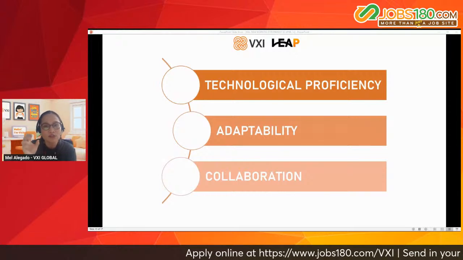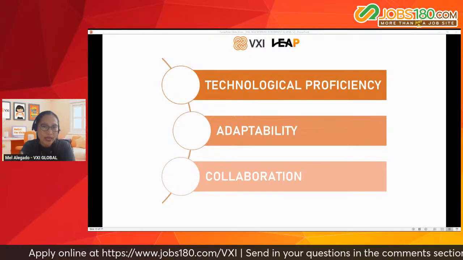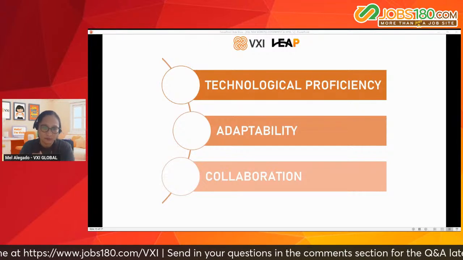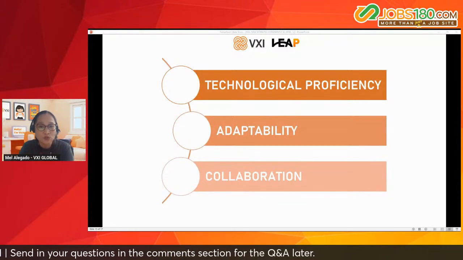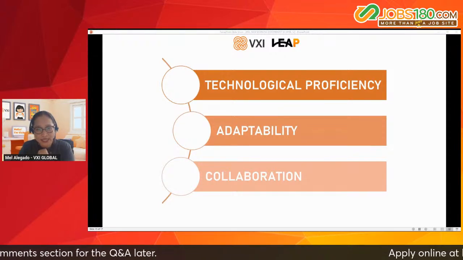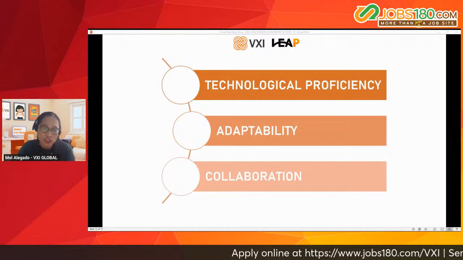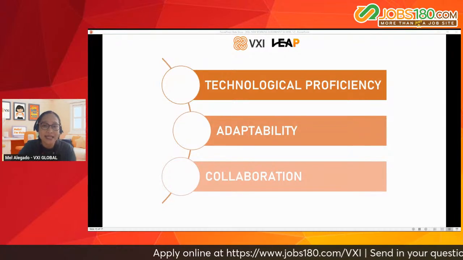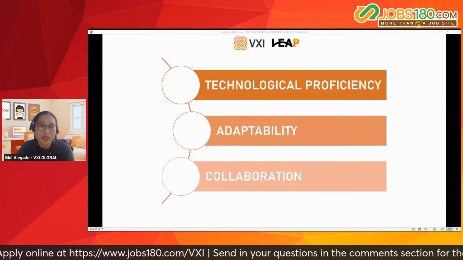From the word itself, adapting to skills, how are we able to make way so that we can adjust with the things that are coming around now when it comes to new jobs, right?